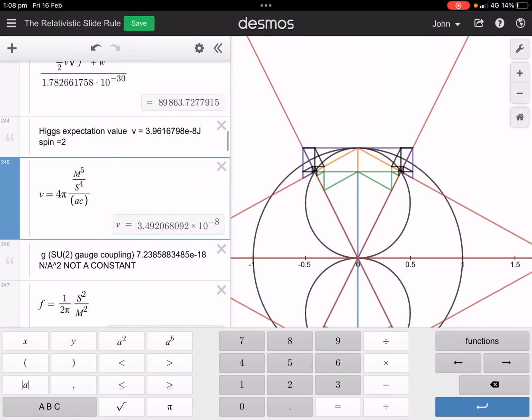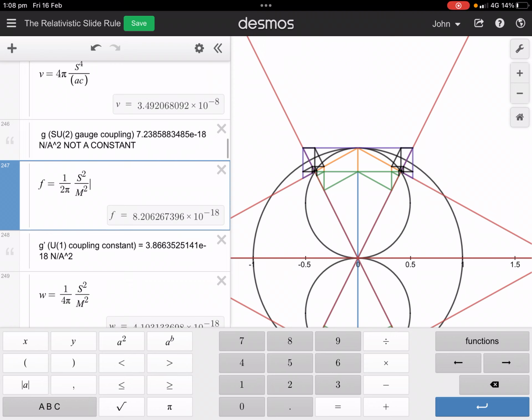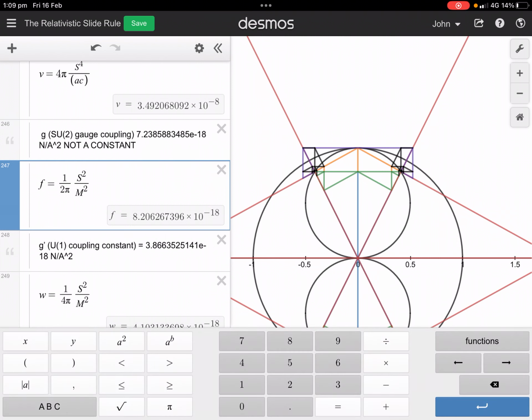Then comparing it to the other things, the Higgs expectation value, you can see it should be about 3.96 minus 3.49. Pretty close, but out. You can see that my SU2 gauge coupling is slightly out as well. You can see here what it should be, and here what mine is.